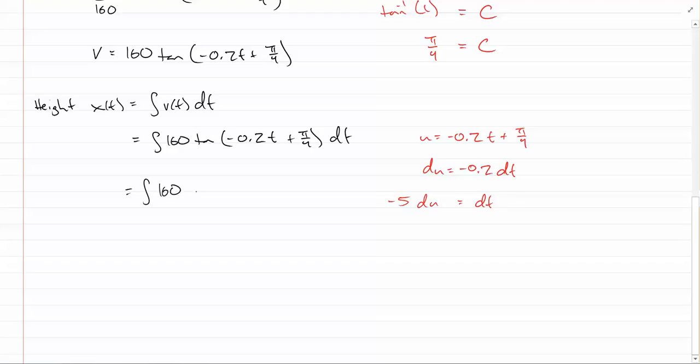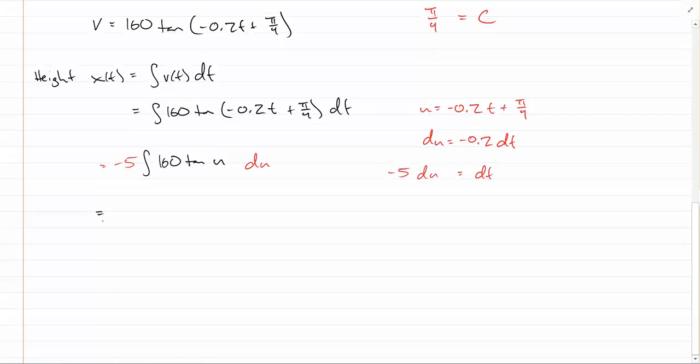So we've got 160, and then we'd have a negative 5 du, and then we'd also have a tangent u. 5 times 160 is 800, so this would be negative 800, and then the integral of tangent u, there are a couple of ways to write it here.